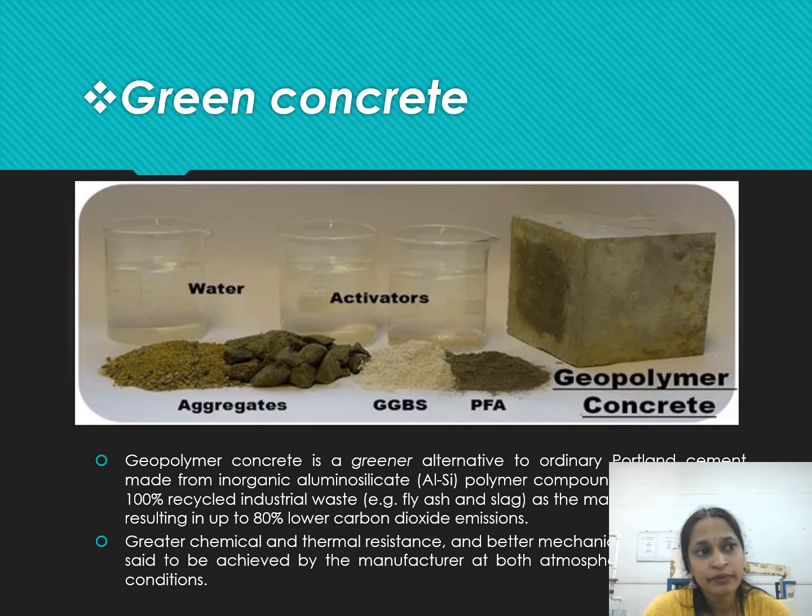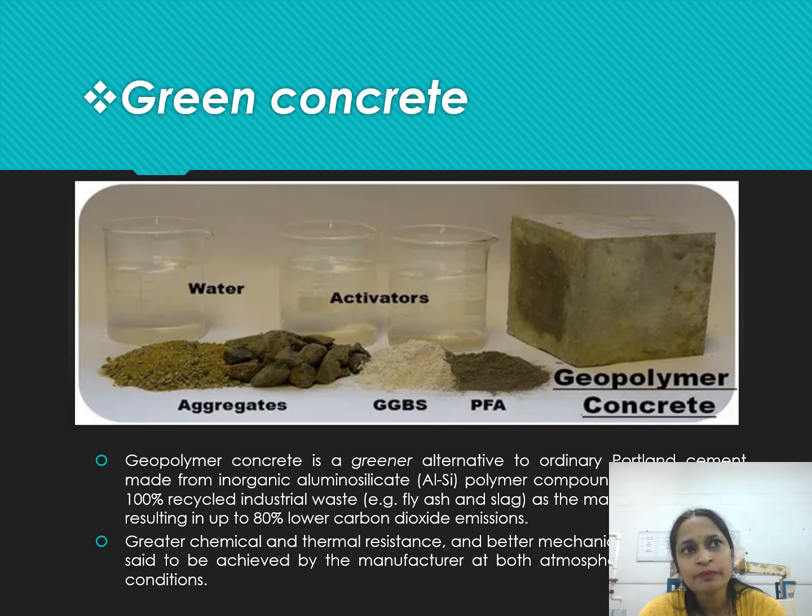If we want to replace cement, we have to replace it with something which has properties similar to cement. Cement has lime, so the other things should also contain lime. So, after looking into all the waste already generated by industries, like fly ash, slag, there are some pozzolanic materials available, rice husk, many.